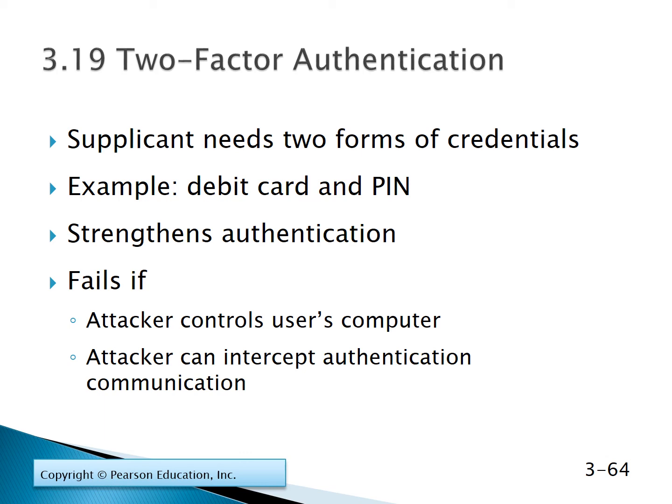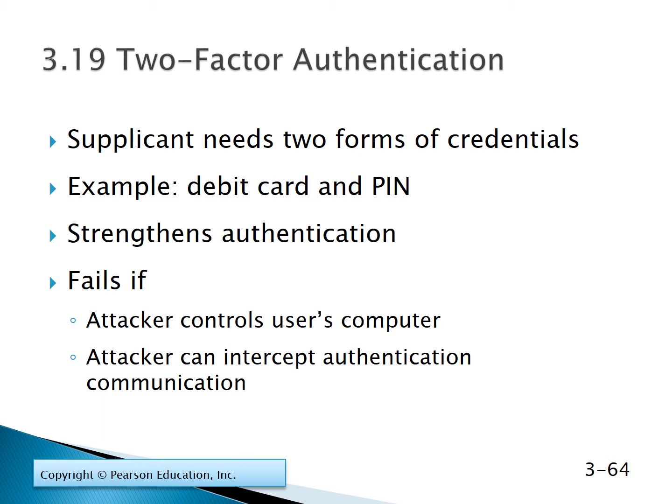So that's one example. Another example is that some apps will require you to have your fingerprint and also type in the password, right? So fingerprint and password, that's two-factor. And some websites will require you to input your password and also date of birth. So that's also two-factor. Another example is a token.